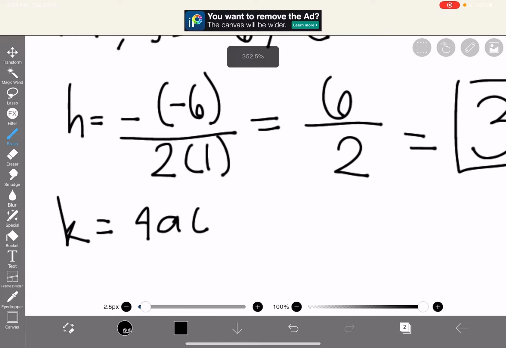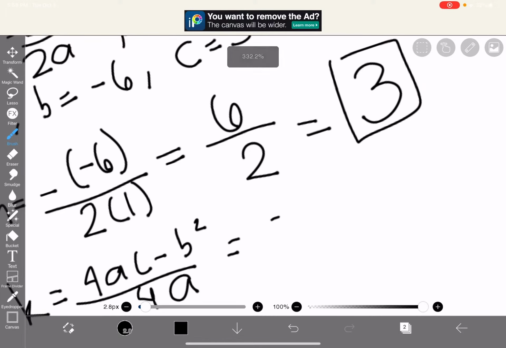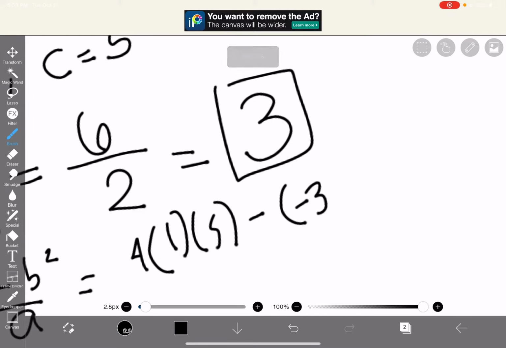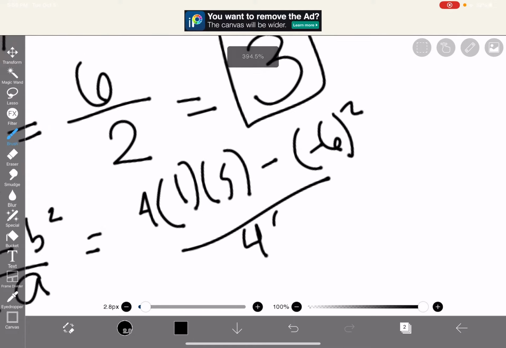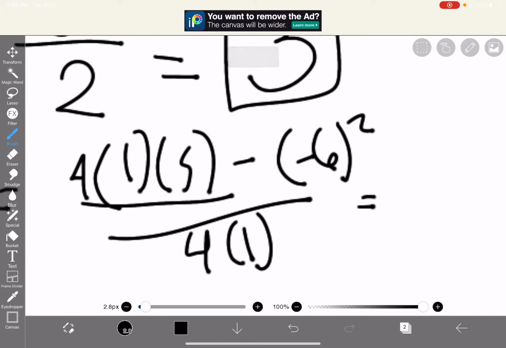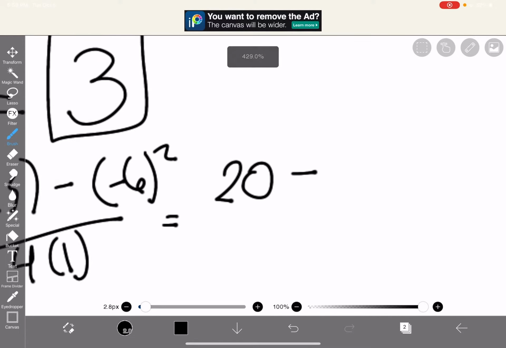4ac minus b squared. We'll be substituting 1, 5. Multiply. 5 times 1 is 5. 5 times 4 is 20. Negative 6 times negative 6 is 36.